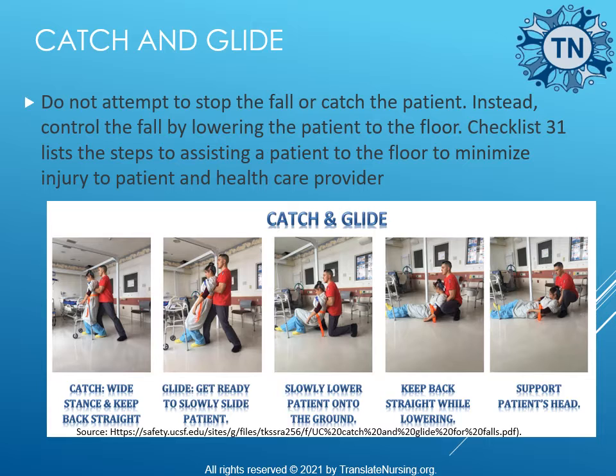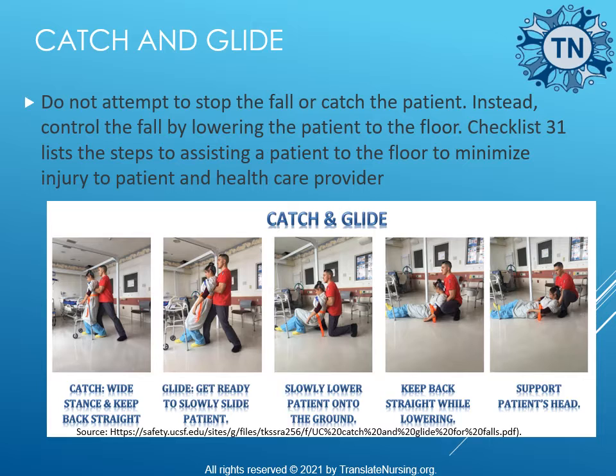Here is a very easy way to teach nurses how to catch and glide the patient down to the floor. Step number 1 is to catch the patient. The legs should be in a wide stance, and we should keep our back straight.